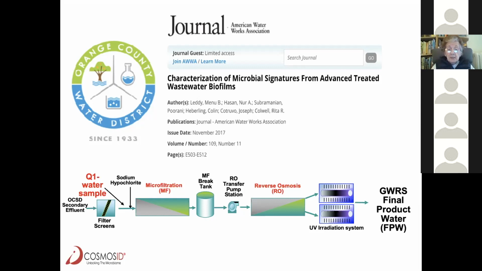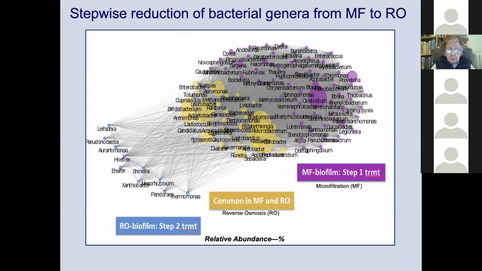Next slide. Let me demonstrate that. By our technique, when we looked at the samples of the microfiltration biofilm, you can see the gray area in all the names of all kinds of microorganisms, including viruses, some fungus or two, and occasionally a cryptosporidium.